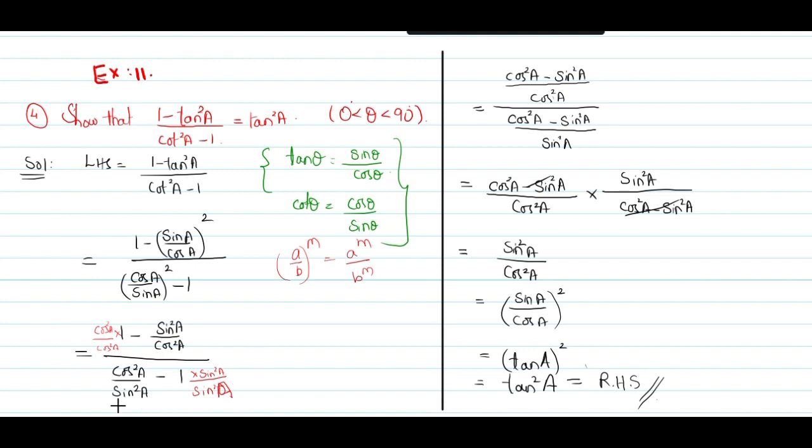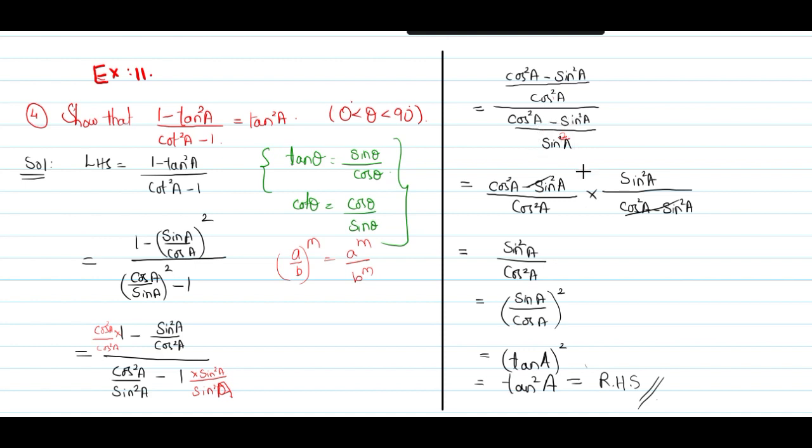Here sin square a is common, so in the numerator we have cos square a minus 1 into sin square a, which is nothing but sin square a. Now (cos square a minus sin square a) by cos square a, divided by the fraction in the denominator.